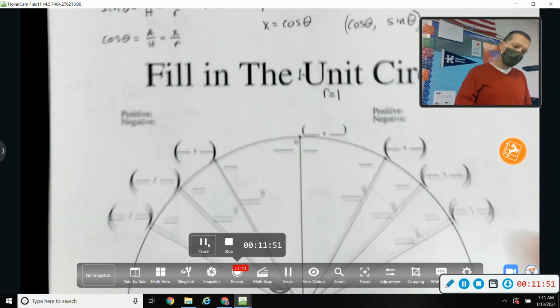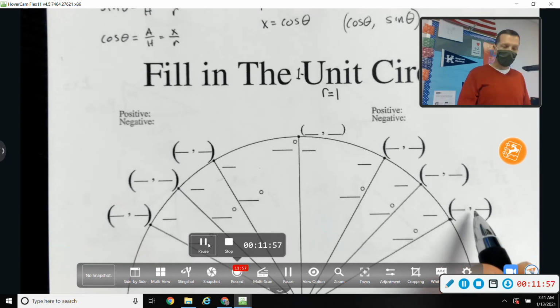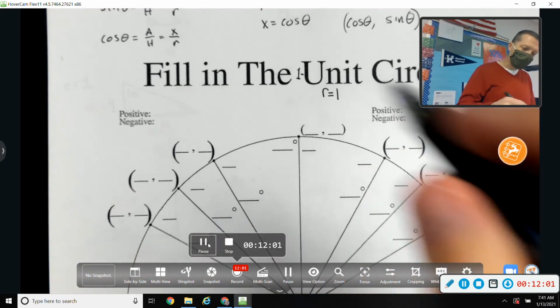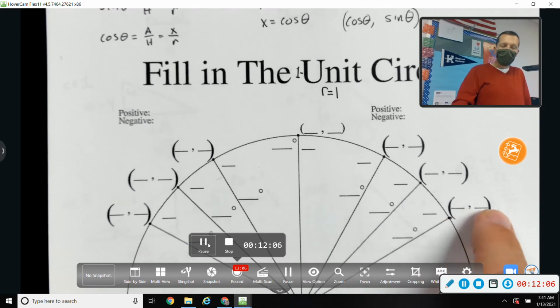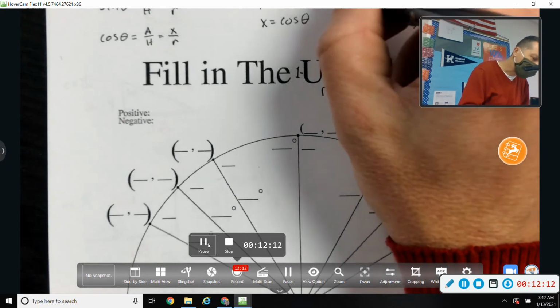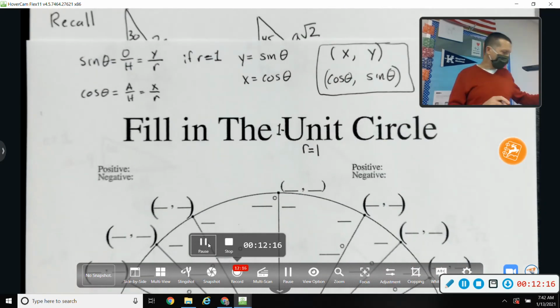And so if we know what that coordinate is right there, then we'll know the cosine and sine of the angle. In fact, we're going to fill those out. It's going to take us a while to do so because there's a lot of blanks, but the coordinate right there is going to be x comma y, but it's also cosine comma sine. And so that's kind of the big deal with the unit circle, is x goes with cosine, y goes with sine.